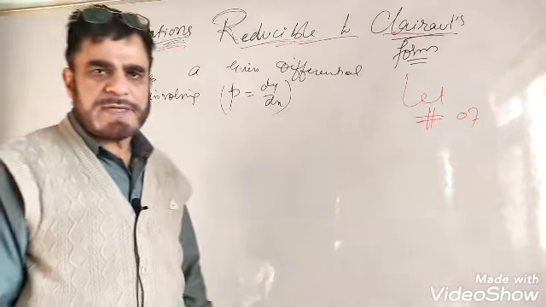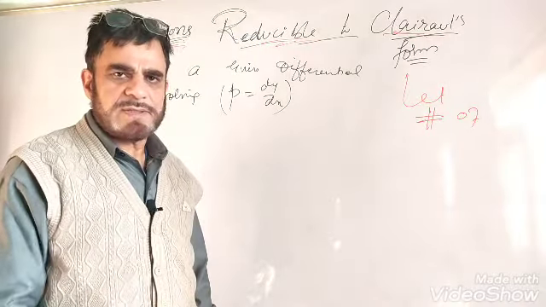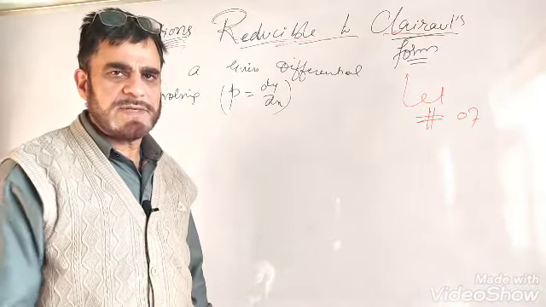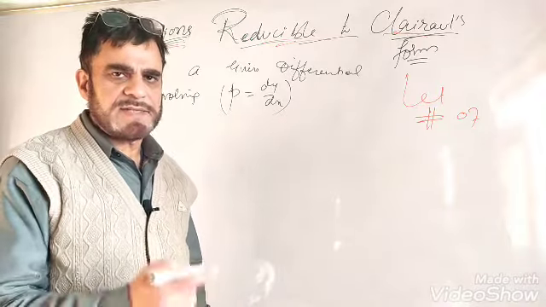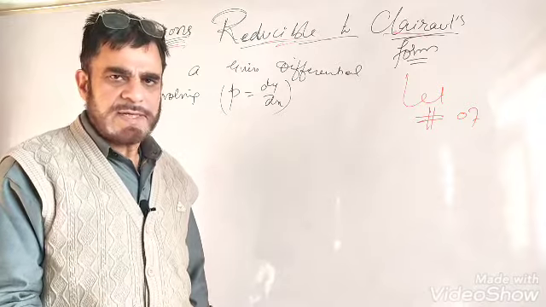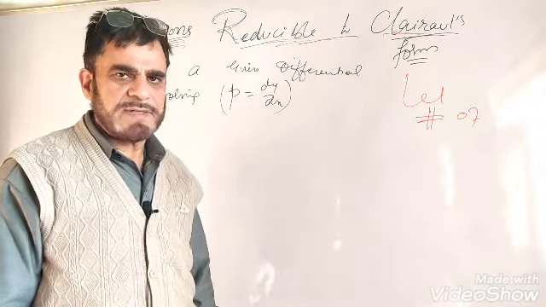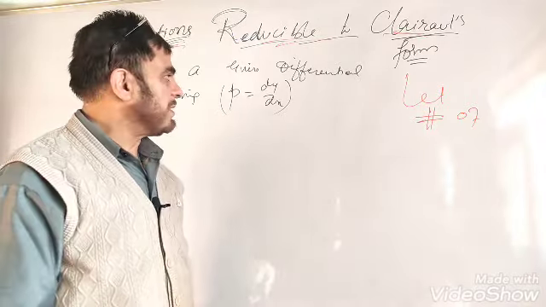P can be dv by du, when v is your dependent variable, u is independent variable. I have already discussed that in previous lecture. It can be P as dr by d theta, when r is your dependent variable, theta is independent variable. It is not necessarily P should be dy by dx.